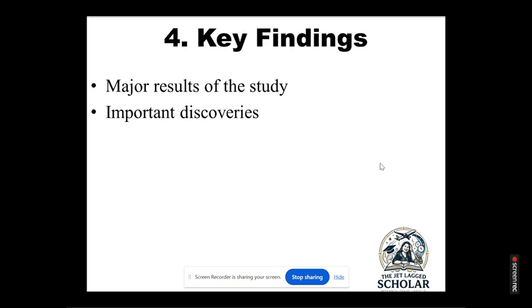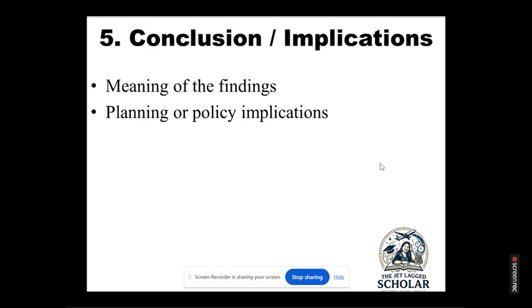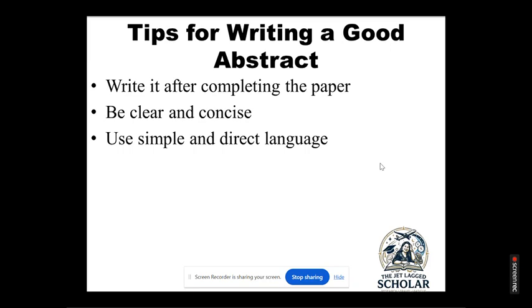These highlight the results of the particular study, and any important discovery or scientific invention that has been made in the research paper. And the last one is the conclusion or the implications. Basically, it covers the inferences or the meanings of the findings, and whether there are any planning or policy implications.